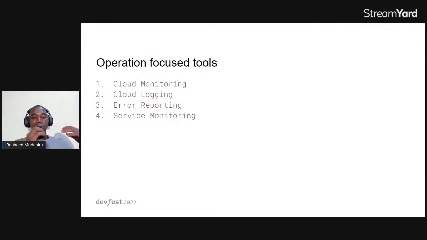They keep track of how your application is doing, and you can use them to create charts on how well your system is doing and to log events of your system. Examples of these are Cloud Monitoring, Cloud Logging, Error Reporting, and Service Monitoring. We're going to talk a bit about all of these as we progress.